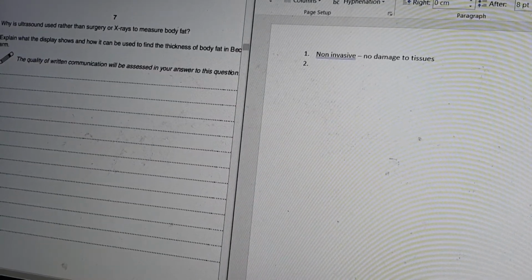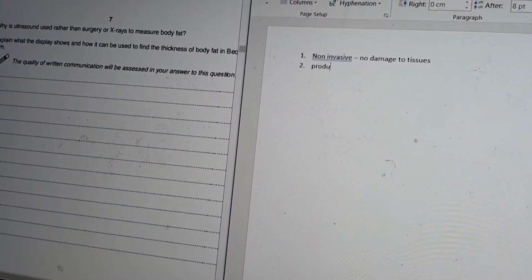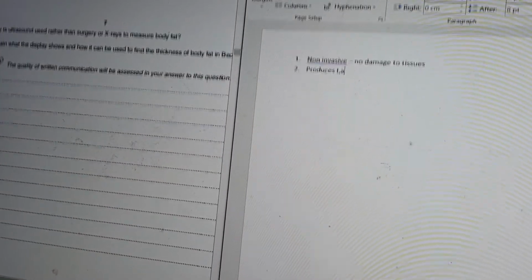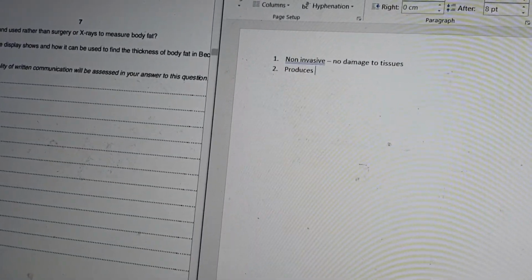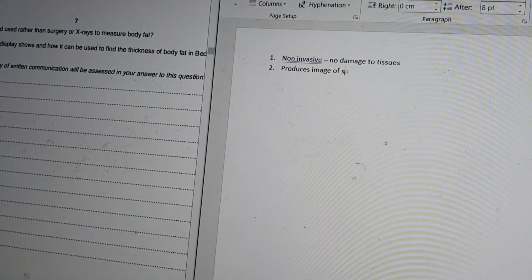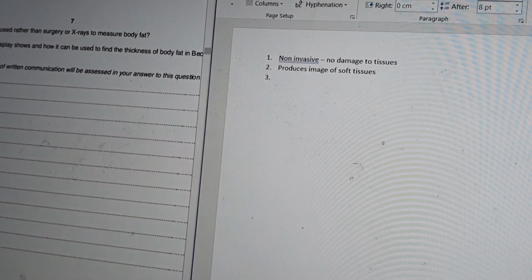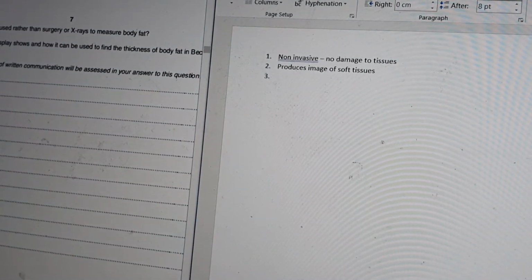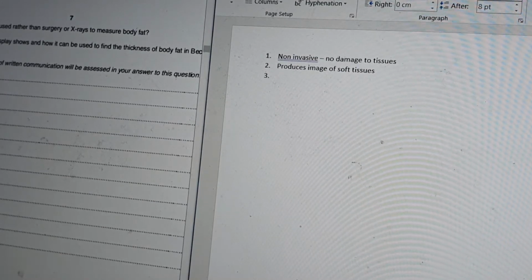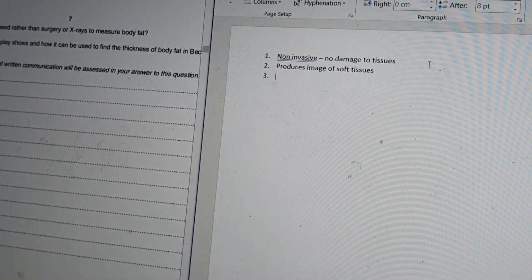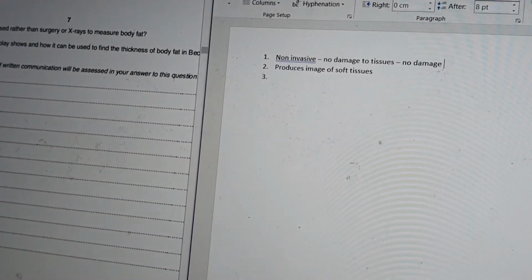So it's non-invasive, there's no damage to tissues, and it produces images of soft tissues. First one, we can say no damage to the human.